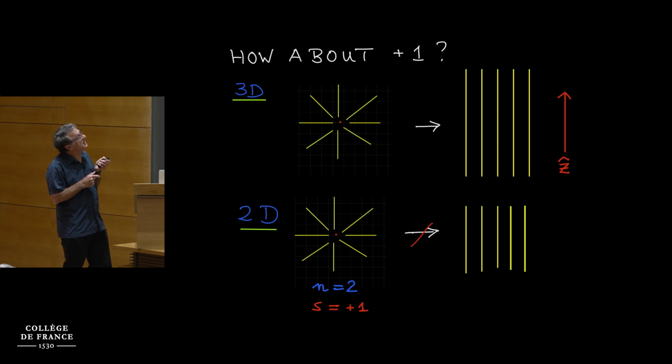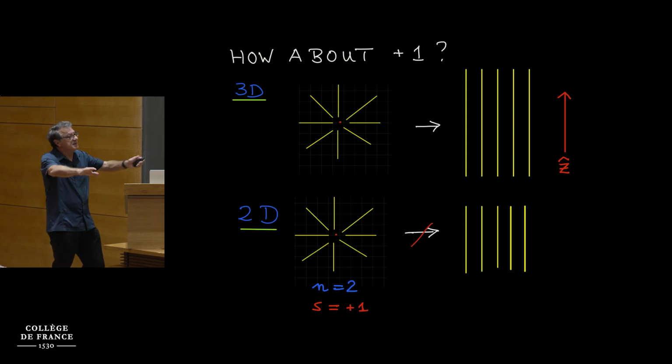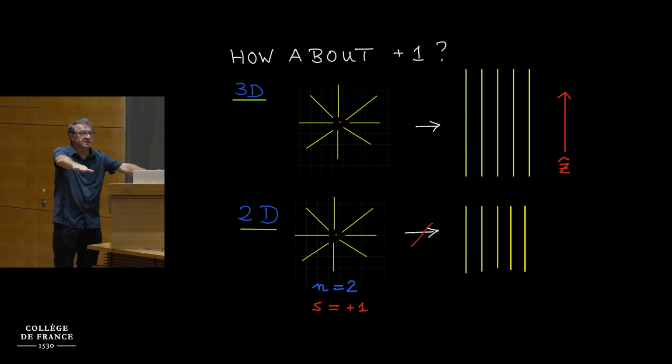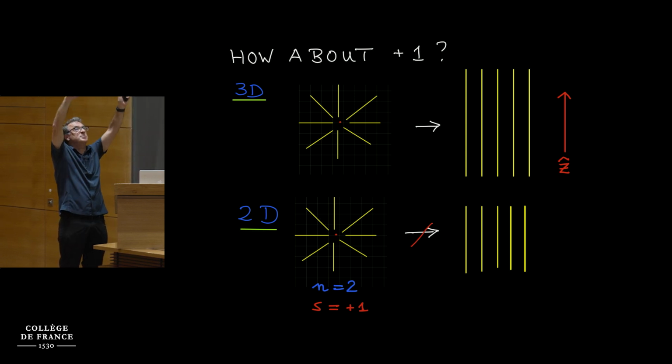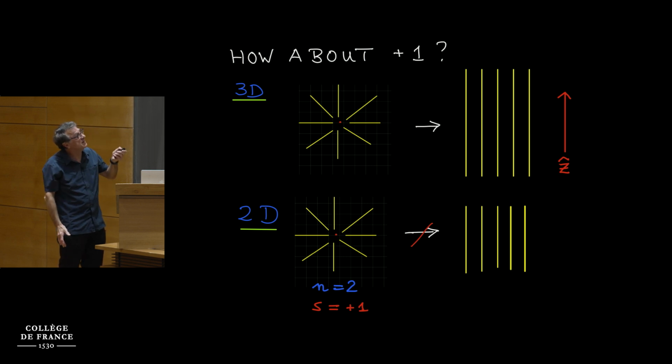So this object here, you can take and just continuously deform from that radial structure up into the third dimension and orient perfectly uniformly. That's why this is not a topological defect for 3D.